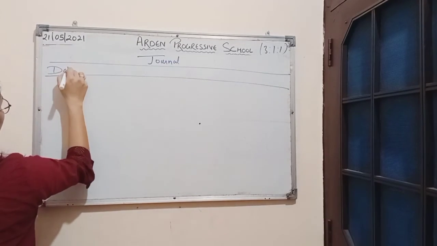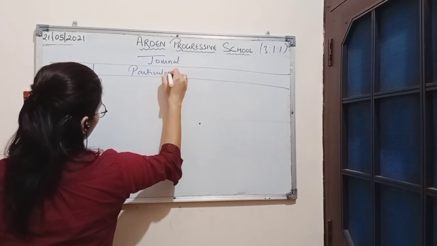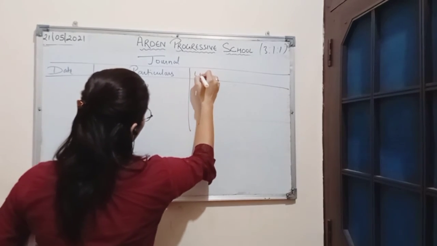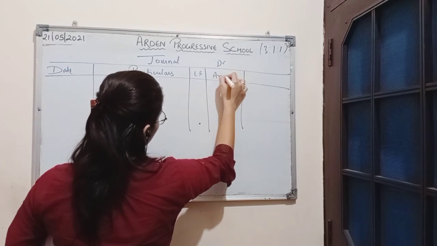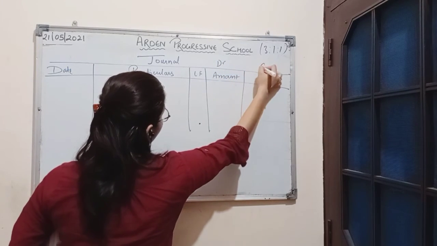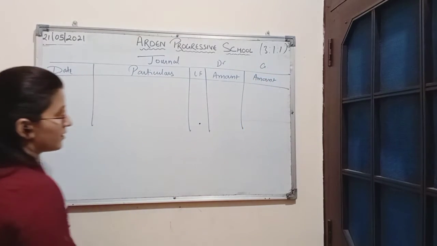date, particulars, ledger folio, debit amount and credit amount.